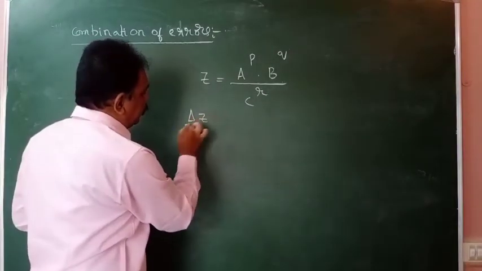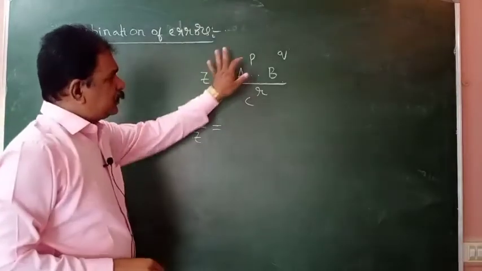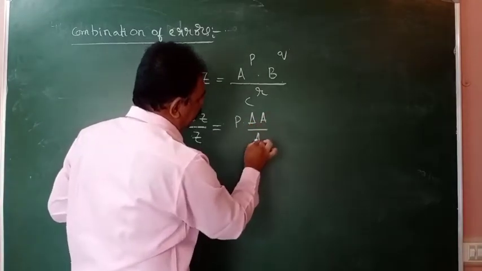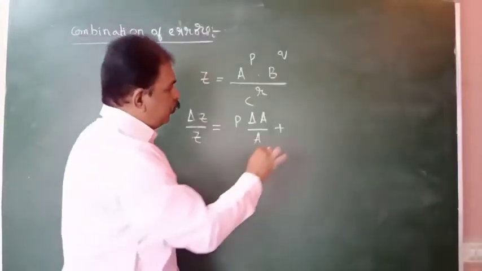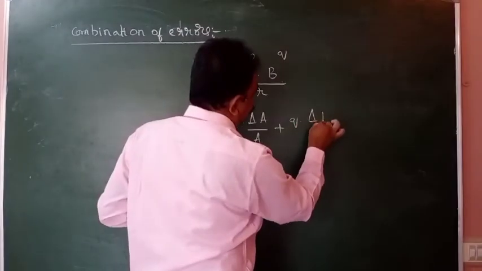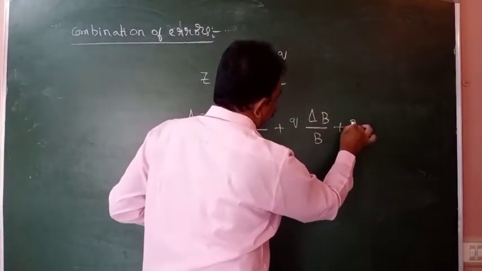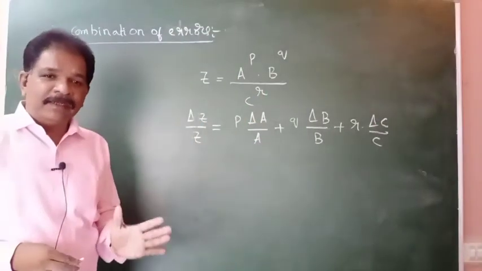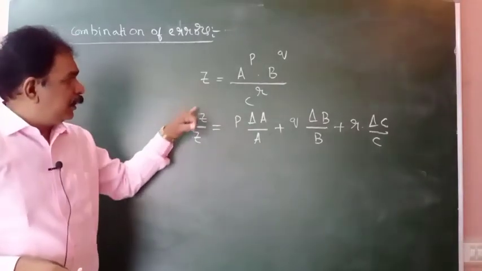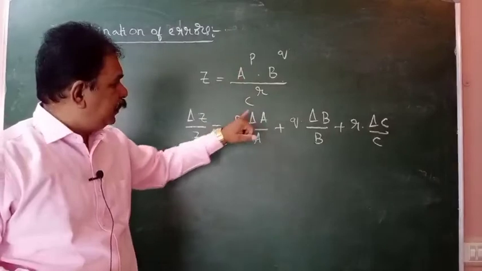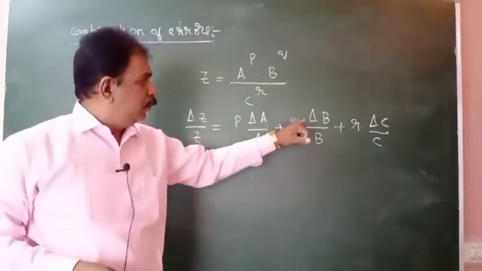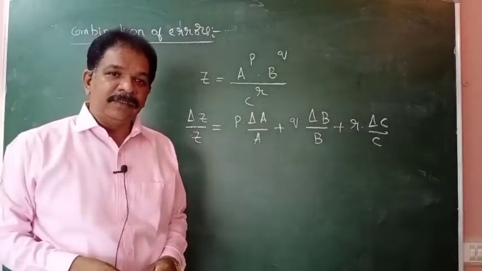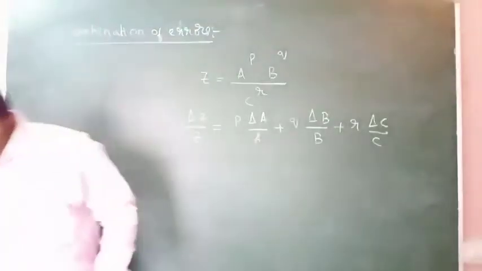Then delta Z by Z, this power you write first: P into delta A by A, Q into delta B by B, plus R into delta C by C. Like that you have to do. Okay. In this manner, we have to do the problems.